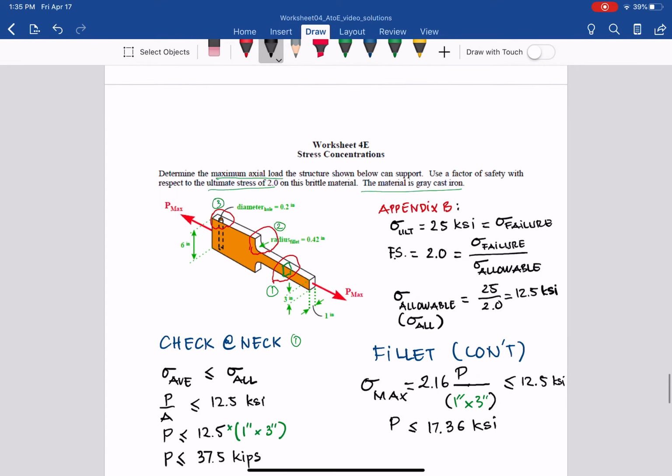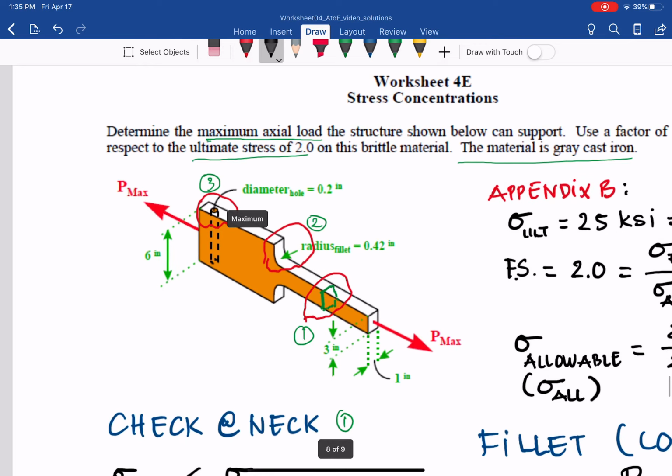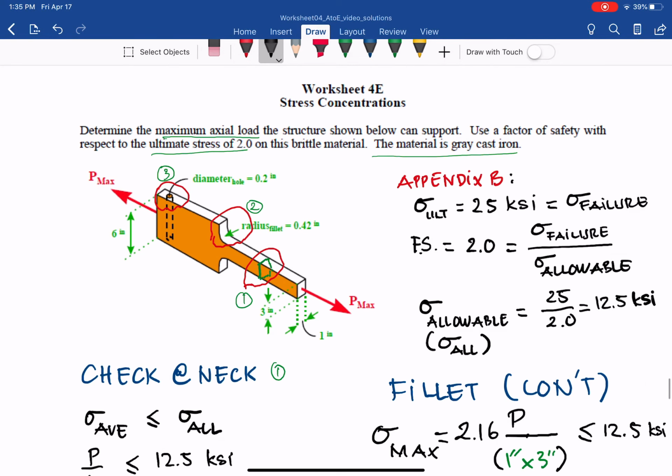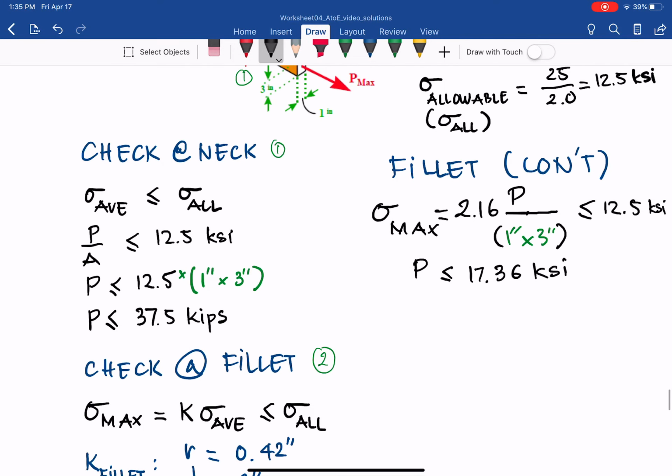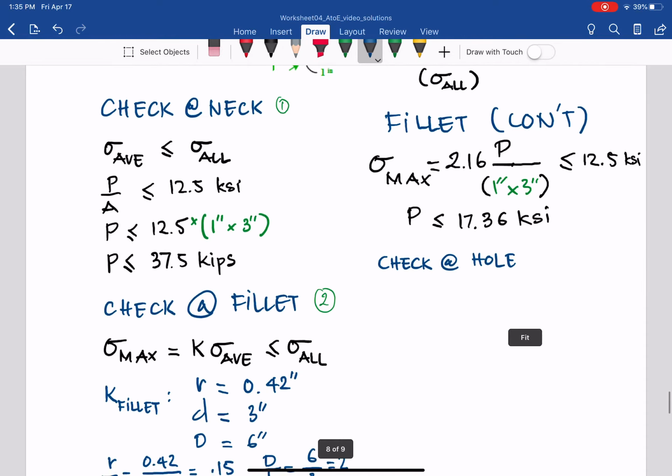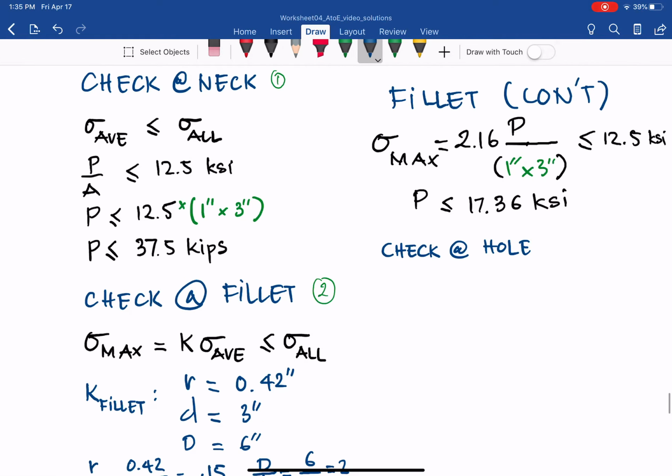The last check is position 3, where we have the hole. So the last check that we have is the check at the hole. When checking at the hole, we still have the same equation, sigma max equal to K sigma average, and K in this case is for the hole, and it must be less than sigma allowable.